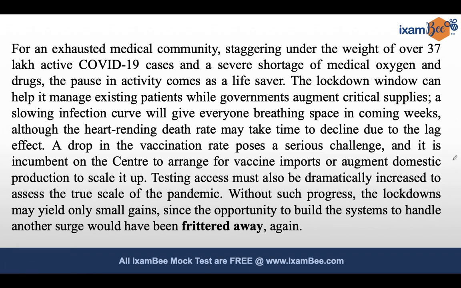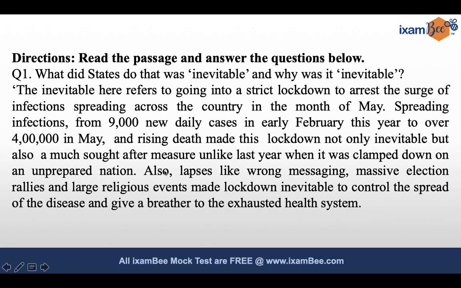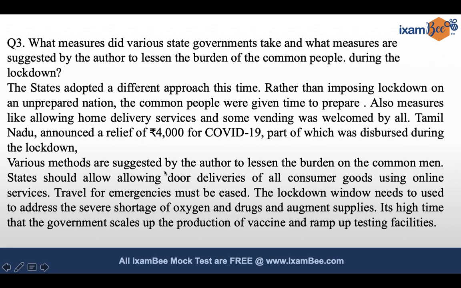Yes, there you go. See, vaccination, arrange vaccine imports and augment domestic production. We need to have more vaccination. Testing access must be increased. Now let's take a look at the answer. I have written it in 2 paragraphs because they are 2 parts of the same answer. The first one talks about all that was done by the government. So, COVID measures, relief measures, doorstep deliveries, e-commerce, whatever was allowed.